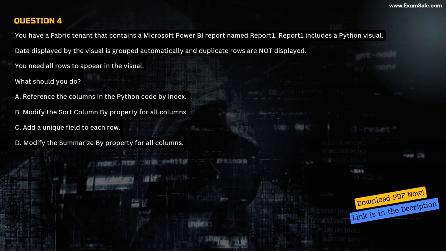Question 4. You have a Fabric tenant that contains a Microsoft Power BI report named Report1. Report1 includes a Python visual. Data displayed by the visual is grouped automatically and duplicate rows are not displayed. You need all rows to appear in the visual. What should you do? A. Reference the columns in the Python code by index.